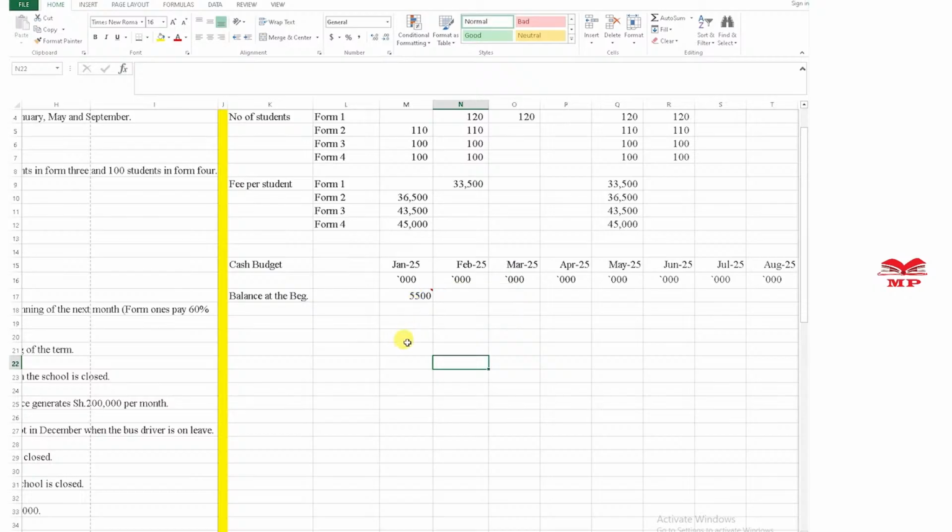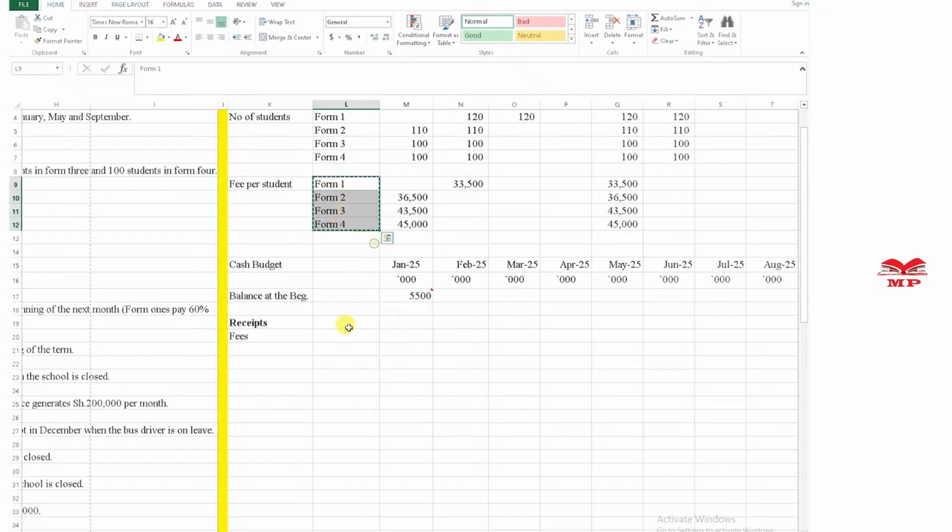And then once we have that, we now analyze the receipts right here. Receipts. Control B. And you're seeing that the receipts, we'll start by saying the fees right over here, fees. And we start by putting from Form 1 through to Form 4.